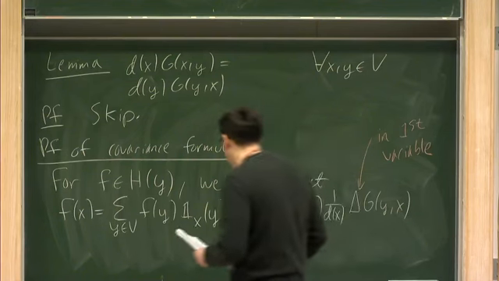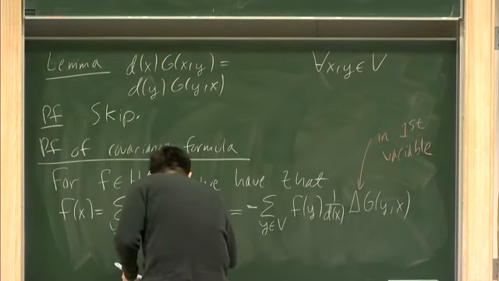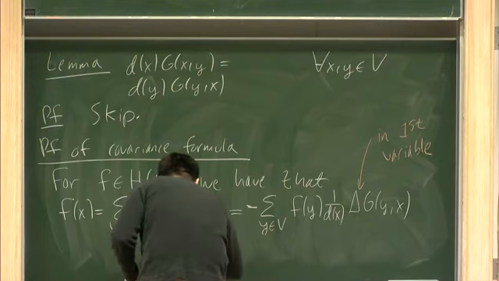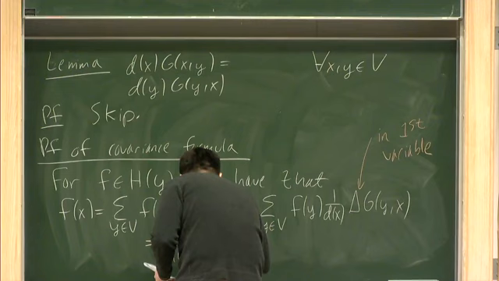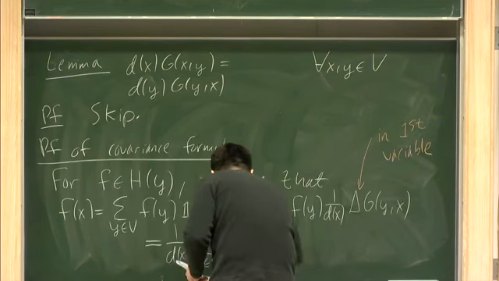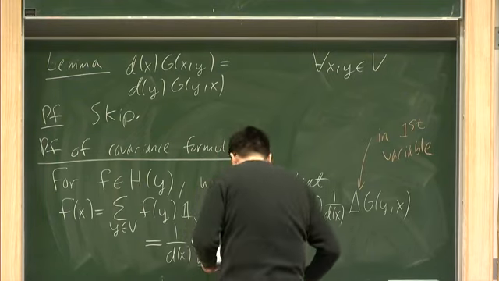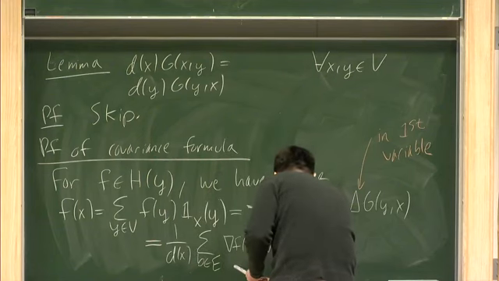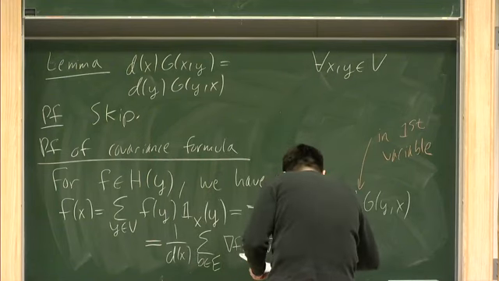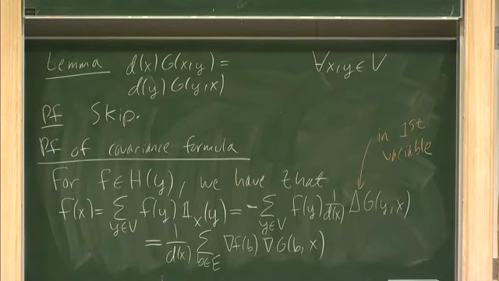And now you can apply summation by parts and write it in an even more convoluted way. So this is the same thing as 1 over d of x, and then you sum over all edges in your graph, and you take the product of the gradient of f with the gradient of g in its first variable. Okay, so this is how we want to express our function.